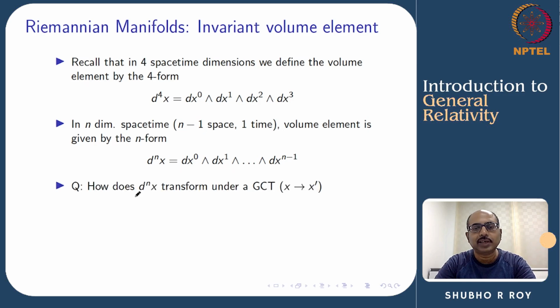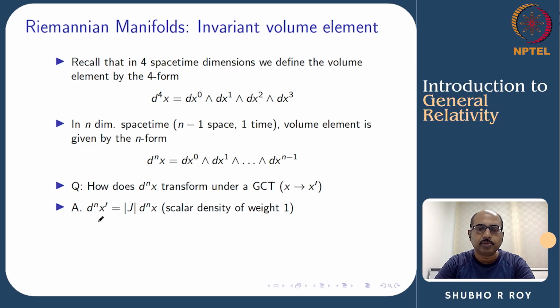Now the question is, how does this volume element transform under a general coordinate transformation? Of course, you have to do that by looking at the transformation of the one form and then performing the wedge operation. It turns out that the transformation rule, after doing all that, is very simple.